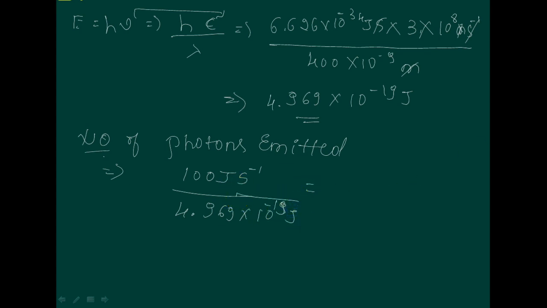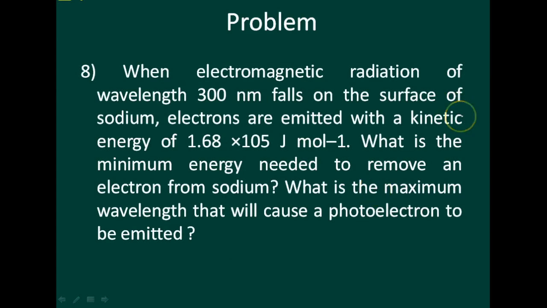For this you get the answer 2.012 × 10^20 per second. So this is the answer, the number of photons emitted. Okay, and the next one is, again there is one problem.